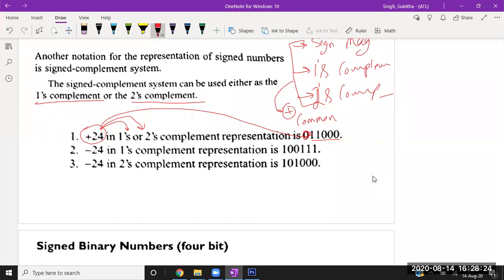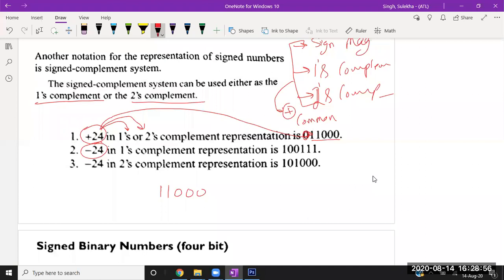But your answer will differ in the case of negative numbers. Suppose you want to convert minus 24 in one's complement representation of a signed number. You need to write 24, which is 11000, and take the ones complement of this number.